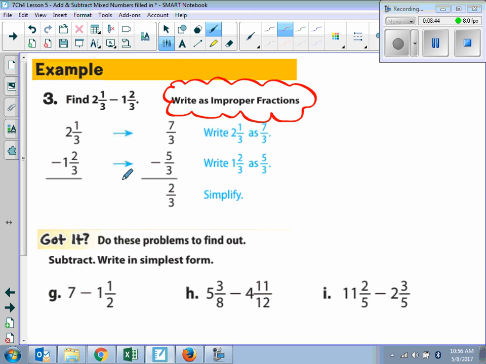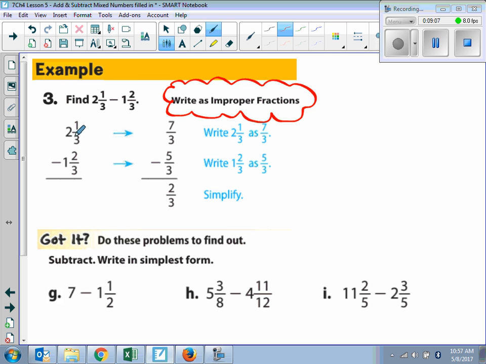Now, if we did it the way we were doing in the previous example, subtracting the whole numbers and subtracting the fraction parts, here I have 2 minus 1, that's going to give me 1, right? But then I have 1/3 minus 2/3. Can I subtract 1 minus 2? No, you can't. It would end up being a -1, right?